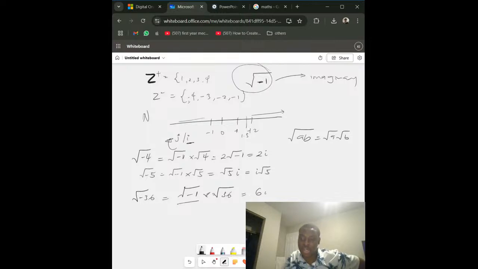That's 6I. So remember, it always works. No matter what is inside the surd, just take it out, and using your knowledge of surds, you can handle the imaginary part, and then figure out the real part.